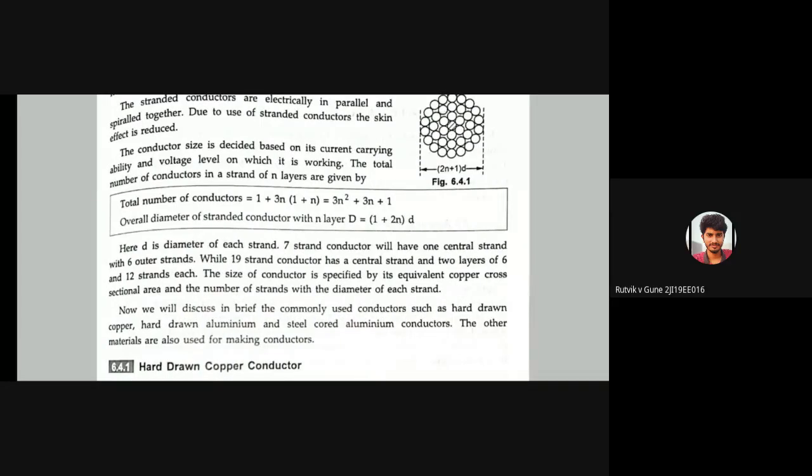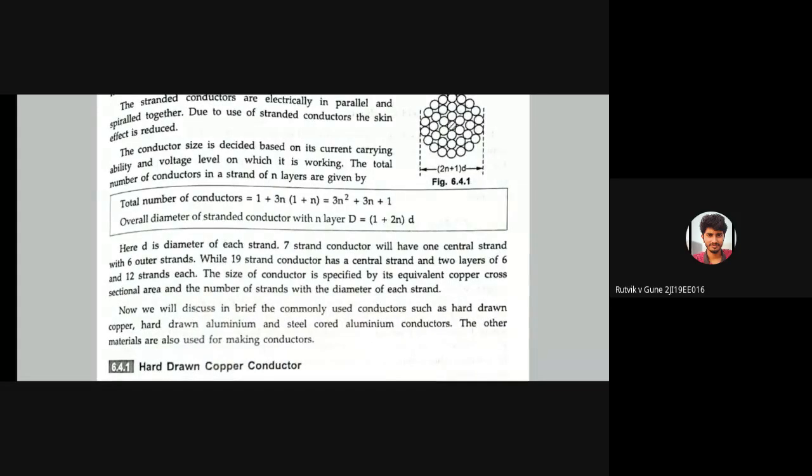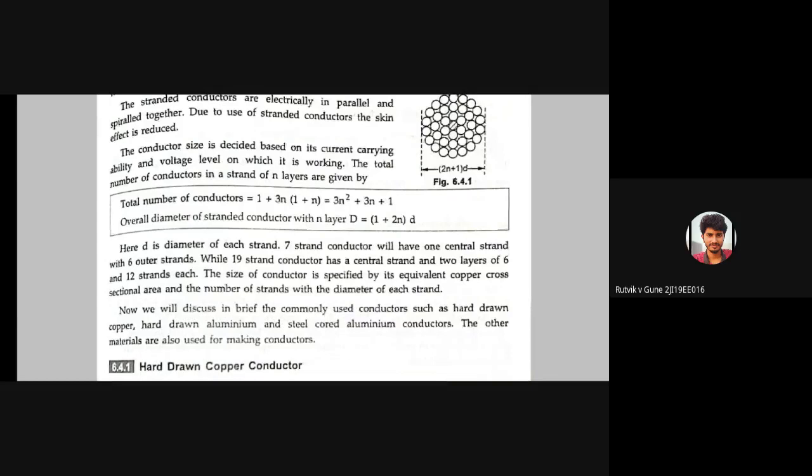Just the formula they are putting, so that the number of strands of the conductors and the layers of the conductors, you will get using these two formulas. This is just for your knowledge. It is not that any problem is going to come from here, but it will be helpful in studying the next parameters of transmission lines.